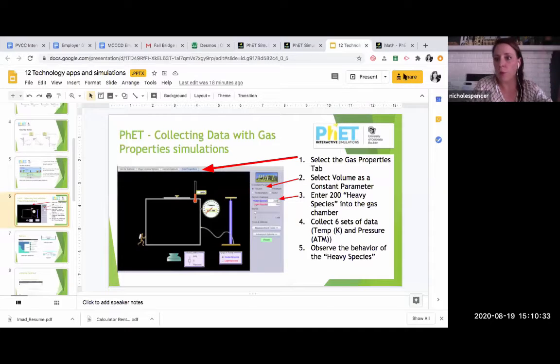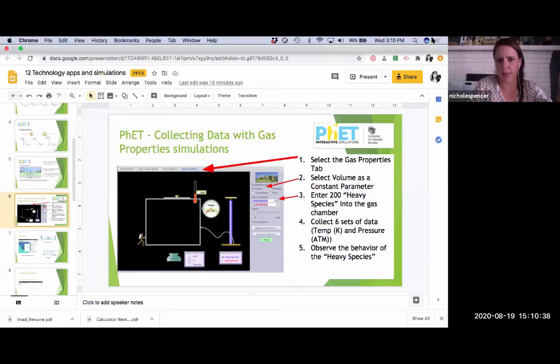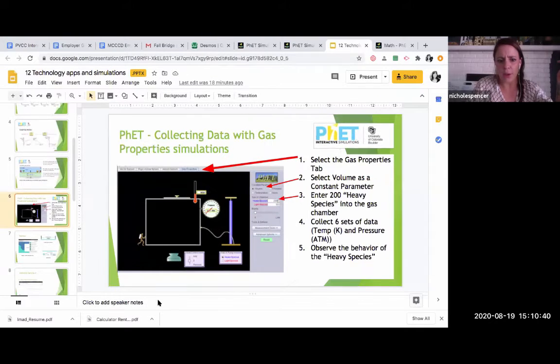But another thing I want to show you is actually a simulation with gas laws and gas properties. So here, I'll send this to you in just a second, but I would actually ask students to collect some data.